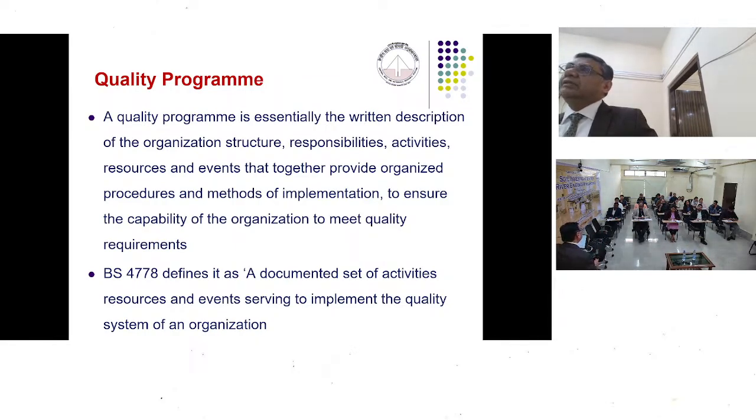Then the people in the construction team will try to say, no, your objection is not valid, or you may be told that you are taking a decision based on your wishes only. At those places, this document, called the quality manual or the quality assurance manual, comes to our rescue.